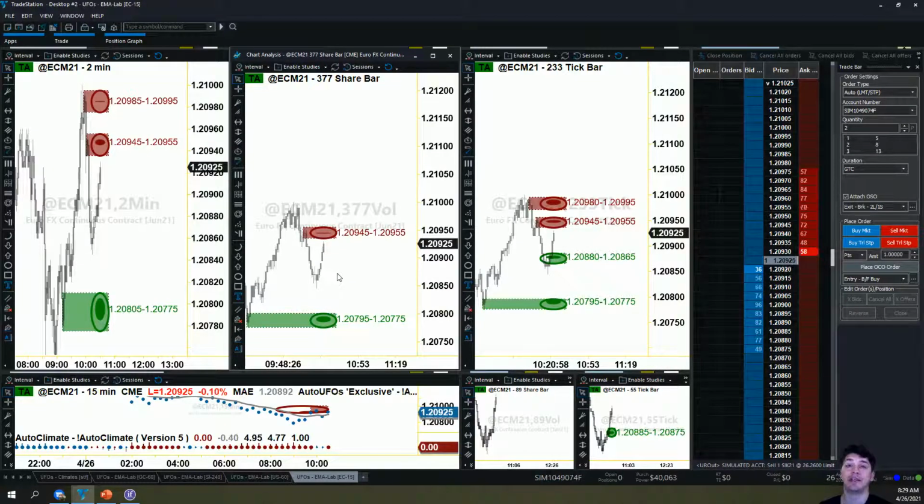So you might say, I'm okay with entering a little bit before the UFO starts, just so I can capture the movement on all these trades that I'm missing, that are working in my favor, right? So it could be something like that.